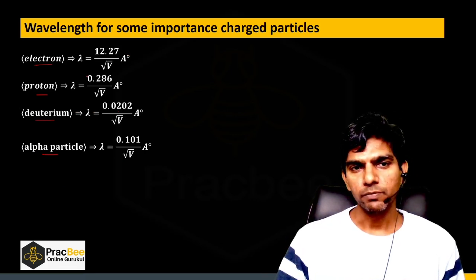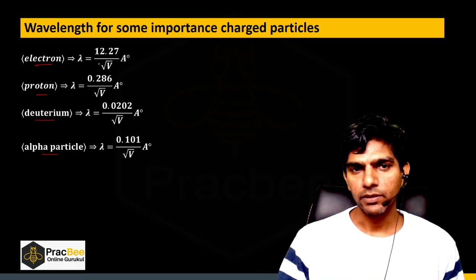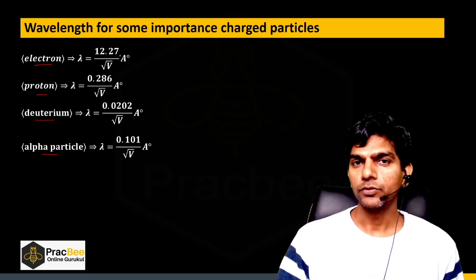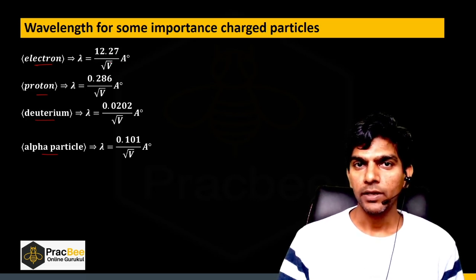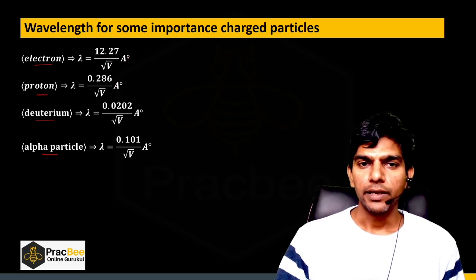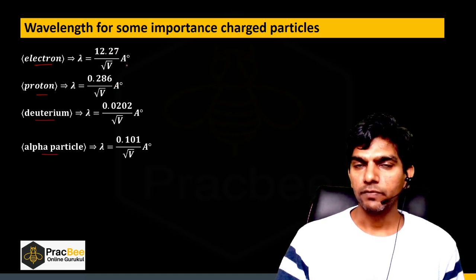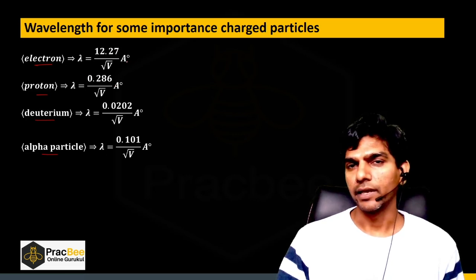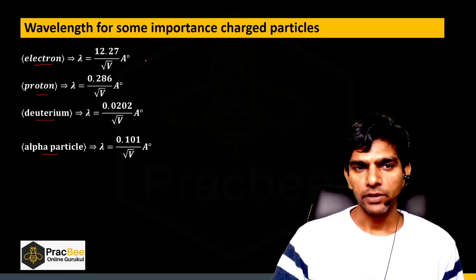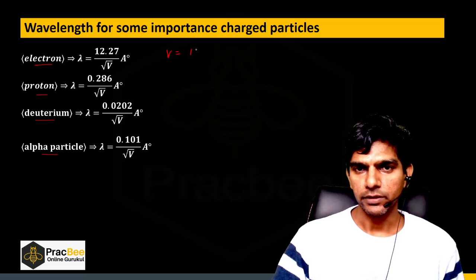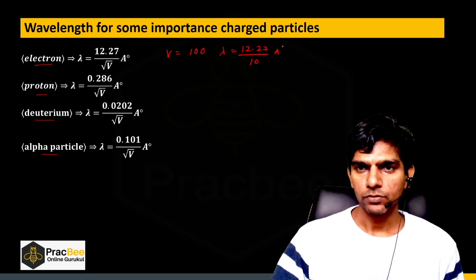So if we simplify that, the de Broglie wavelength for an electron will be 12.27 upon root V, where V is the accelerating potential. And so with this formula, we can find the wavelength in angstrom. For example, in case of an electron, if V is 100, in that case, lambda will be 12.27 divided by 10 angstrom. So it is 1.227 angstrom.